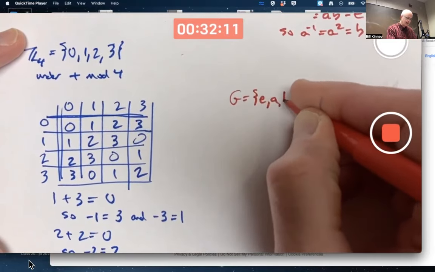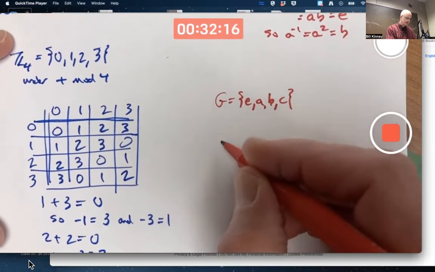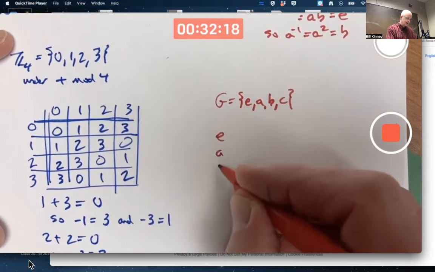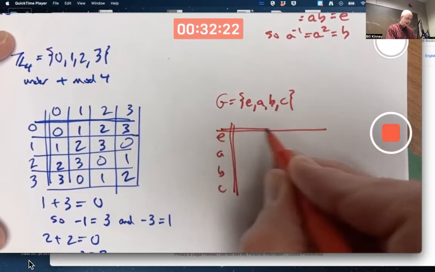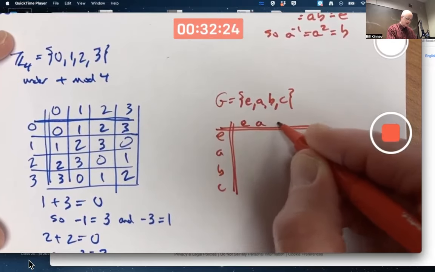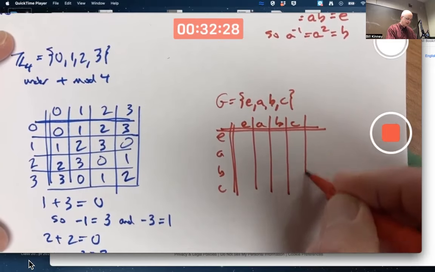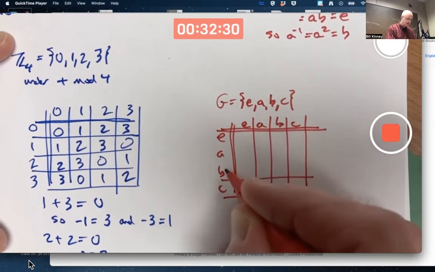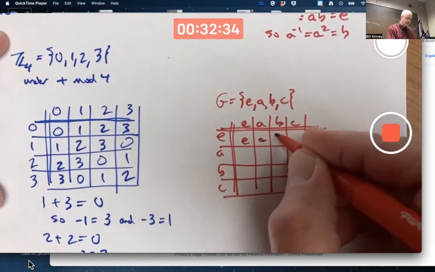So what I'm about to write down, I could do this in such a way as to make it isomorphic, but I'm purposely going to make it non-isomorphic, to not have the same structure. E is still the identity.